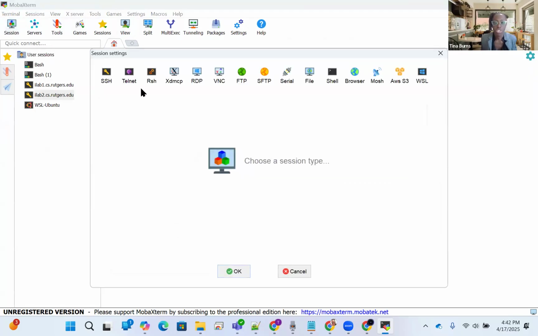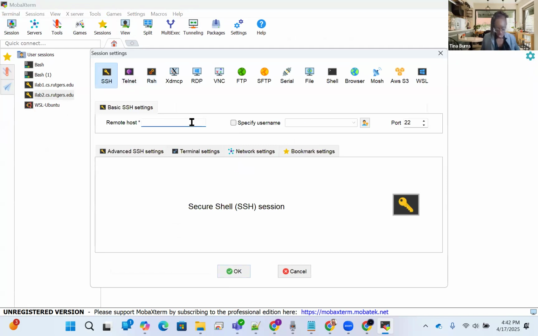If I wanted to do a new session, I'm going to SSH into this. Actually, you're going to specify where you want to log in. I'm going to do ilabs1.cs.rutgers.edu. Actually, no, I'm not going to specify a username.